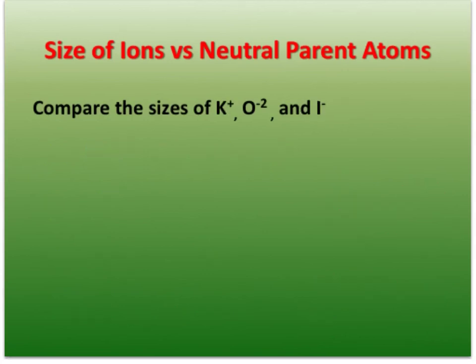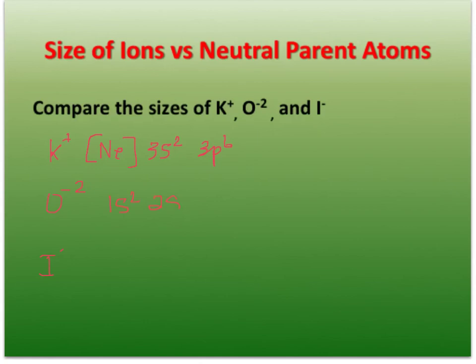So if we're going to compare the size of these three ions, first of all, we need to look at their electron configuration. So potassium, oxide, and iodide. We're going to write the electron configuration. Potassium is like neon plus 3s2, 3p6, because it lost one electron.